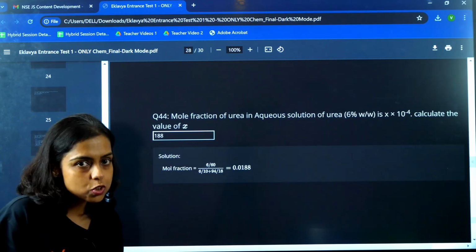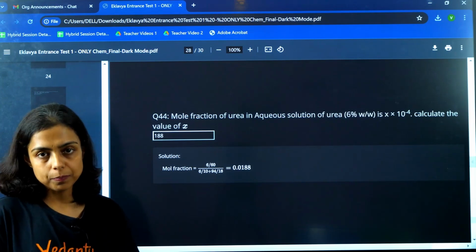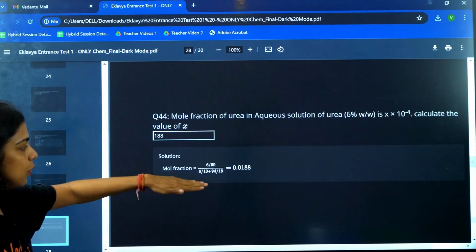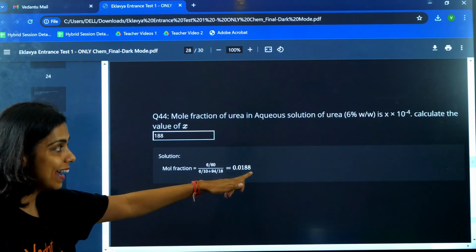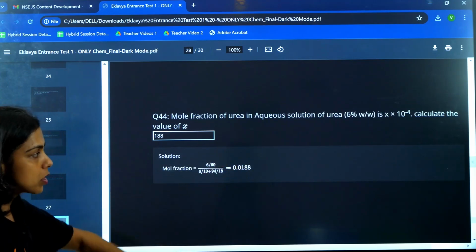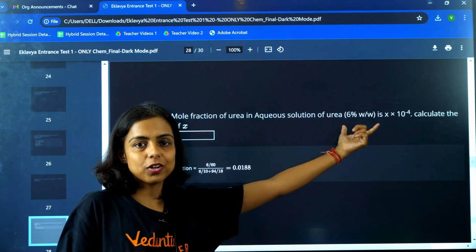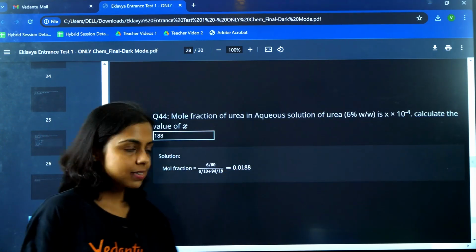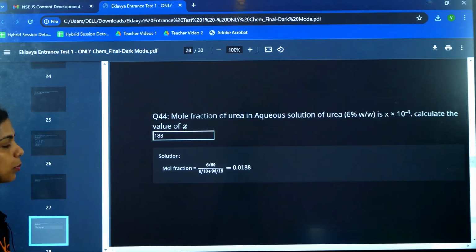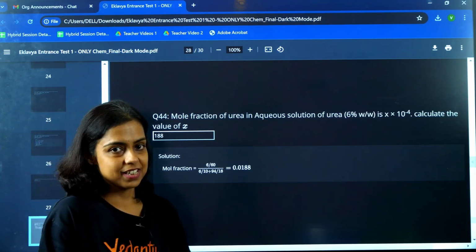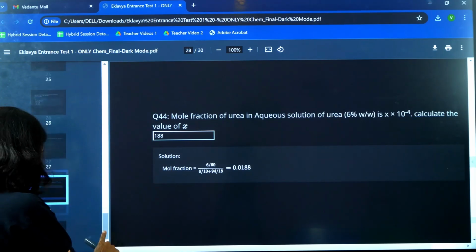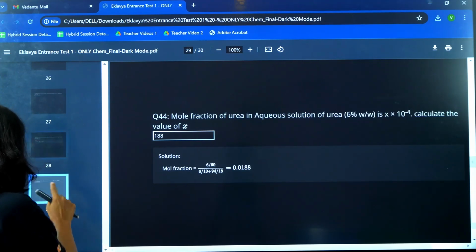The moles of water in the solution, of course, 94 divided by 18, and your answer will come out to be 0.0188 after solving. But you are supposed to express in this notation, and you have to tell what is x. Of course, that will come out to be 188, right? Let's move on to the next question, guys.